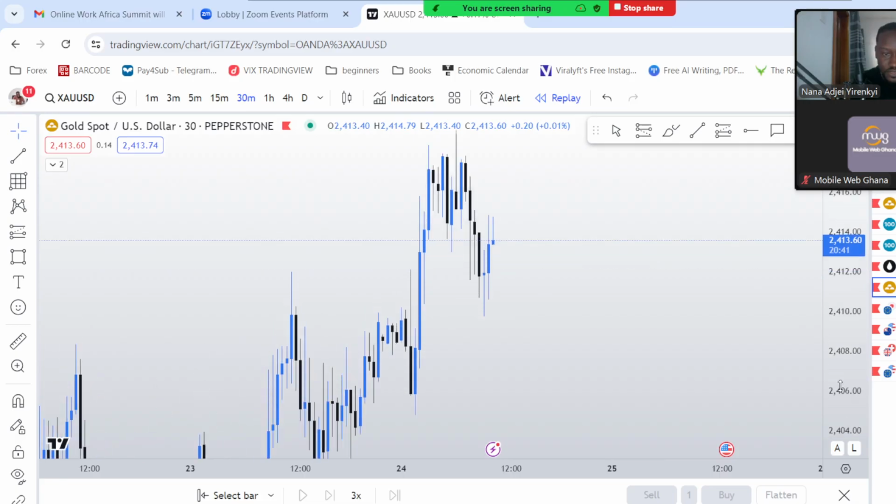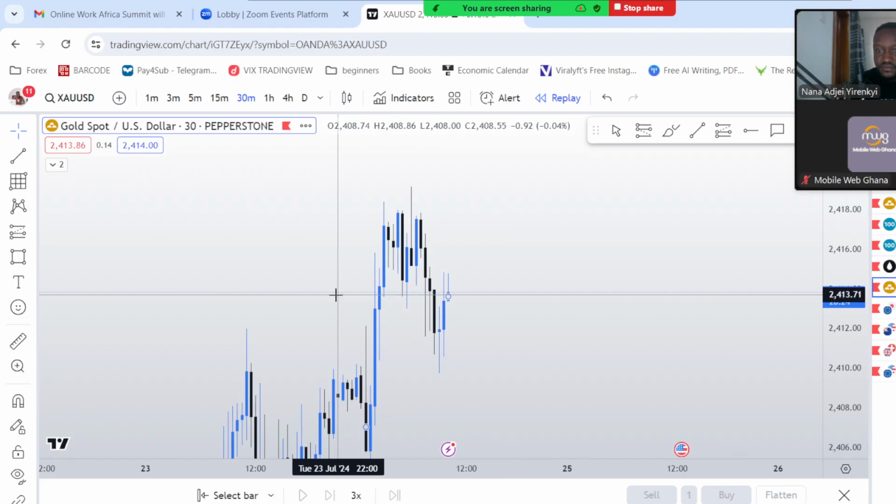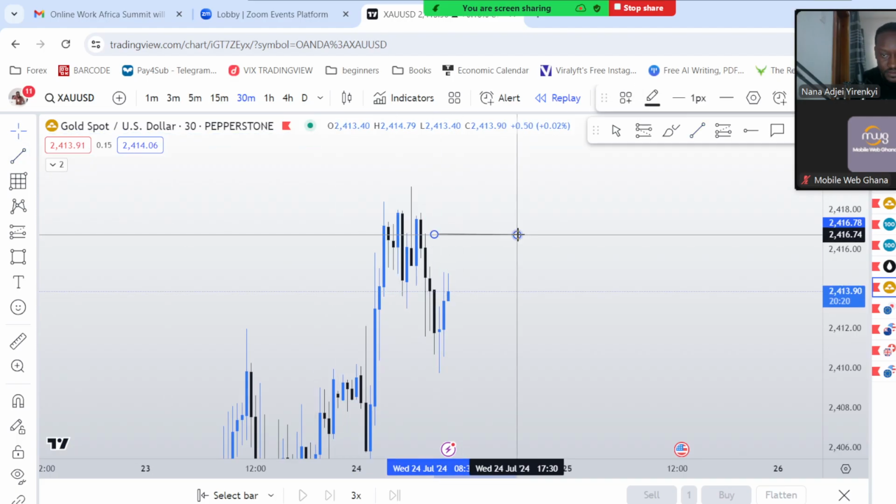This thin blue line that you see on the screen over here represents the current price. Okay, so currently the price trading at the moment is around 2,413.67. And then maybe you are looking to place a pending order to sell around an area over here.